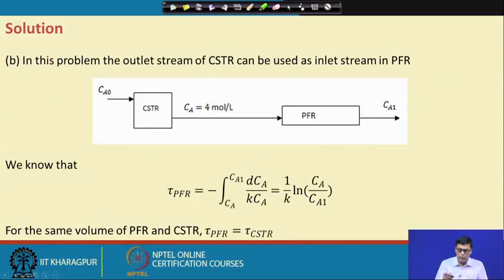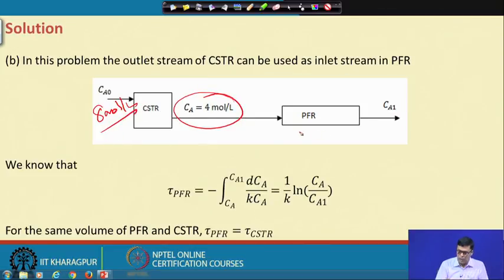Now, in the second part of the problem, here we have 8 moles per liter. Am I right? 8 moles is converted to 4 moles. Now, when the same volume plug flow reactor is used, what will be the Ca1 value? That we shall have to calculate. And what is our equation?